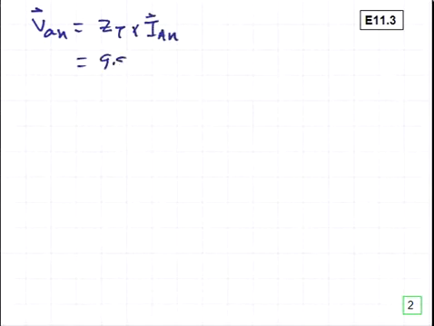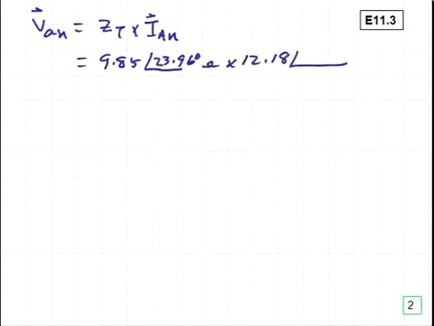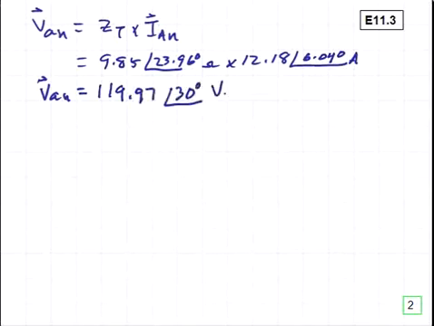So this is 9.85 at an angle of 23.96 degrees ohms times 12.18 at an angle of 6.04 degrees amperes, or V sub AN is equal to 119.97 at an angle of 30 degrees volts RMS. This is approximately 120 at an angle of 30 degrees volts RMS. So this would be the A phase voltage.